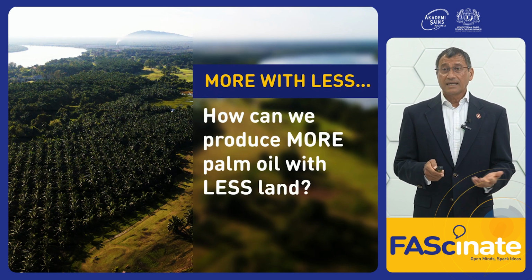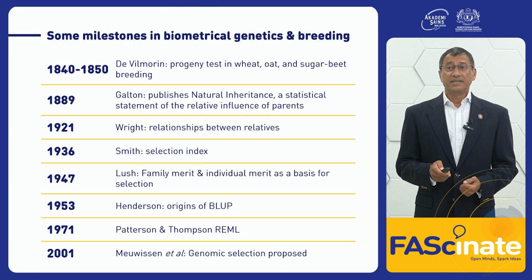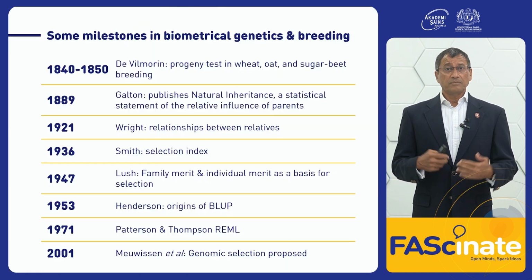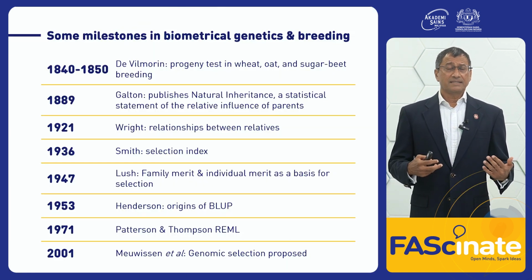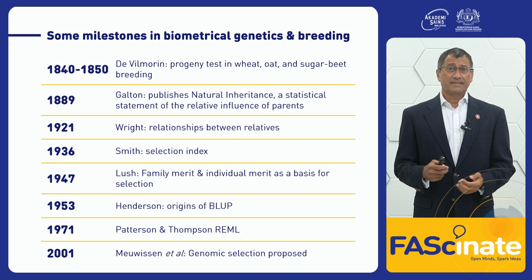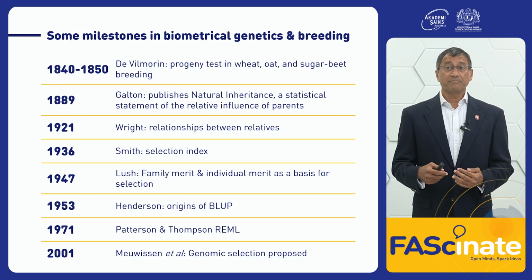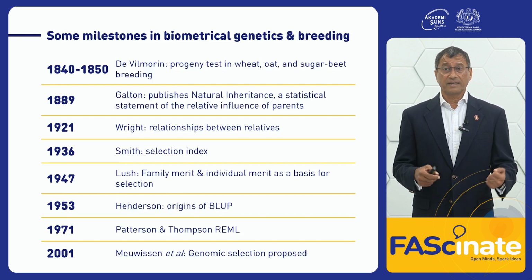So I'd like to introduce you to a bit of plant breeding, right? Plant breeding is a complex undertaking, and there are many tools that have been developed over many years that allow plant breeders to be more efficient and effective.